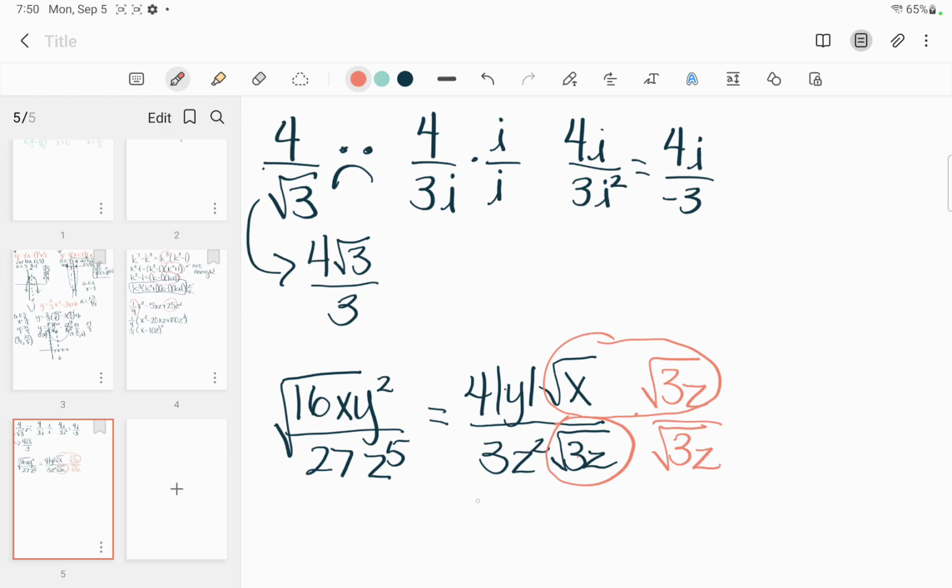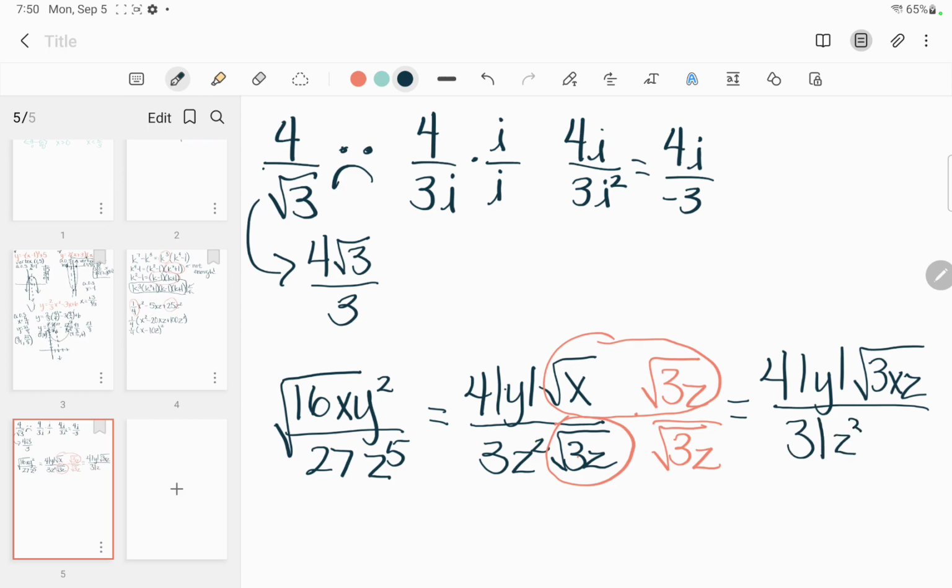So I'm going to just simplify this whole thing, and I'm going to get 4 times the absolute value of y times the square root of 3xz over 3 times the absolute value of z to the 3rd power. And again, that's just because I want to force that positive value for the principal square root. Again, I wasn't super picky on this notation.